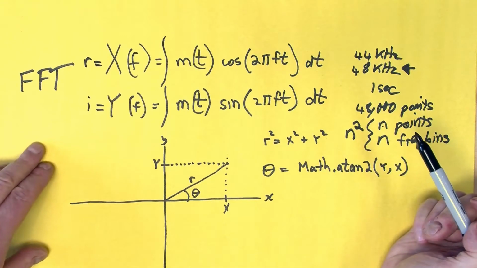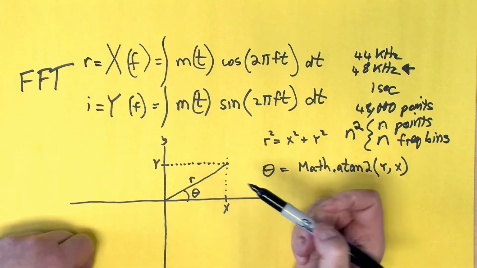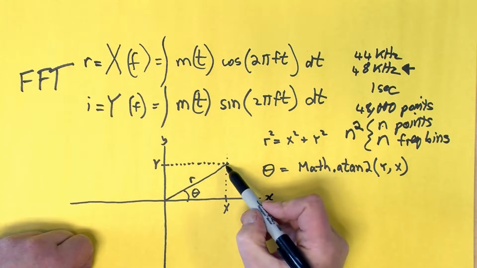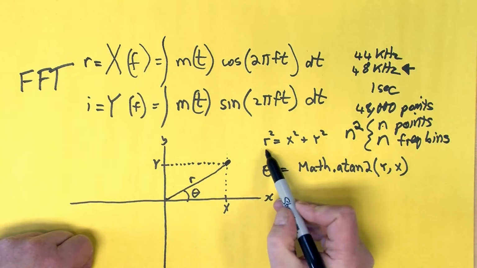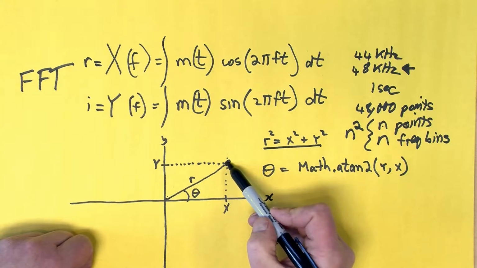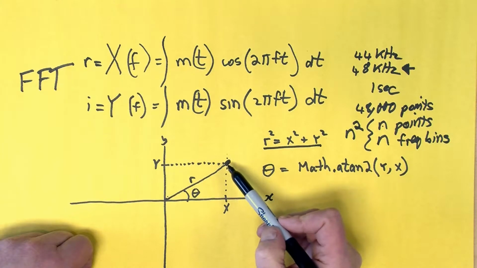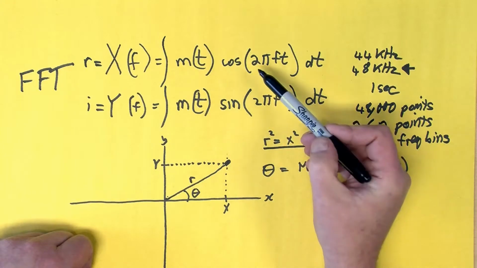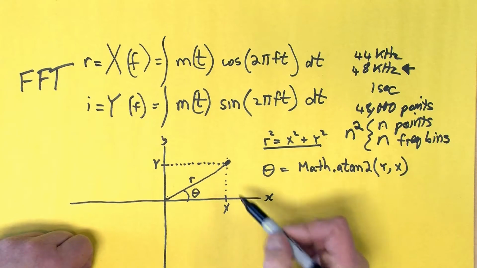The other thing that's worth pointing out is last time I showed you how you could plot the value of x and y on a graph and look at the radius here using the Pythagorean theorem and get the length of the radius so that you could in fact see the absolute value of the sinusoidal wave, even if it wasn't exactly a cos wave or a sine wave, but at some angle between them.